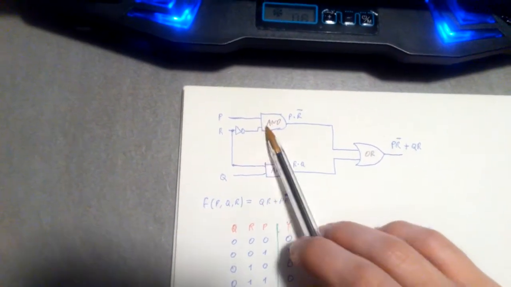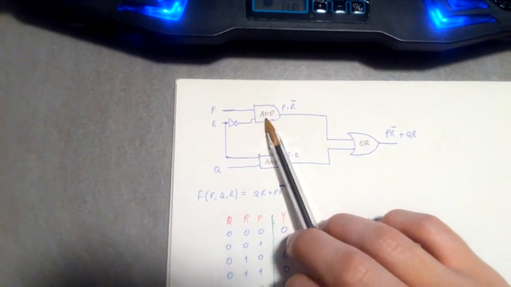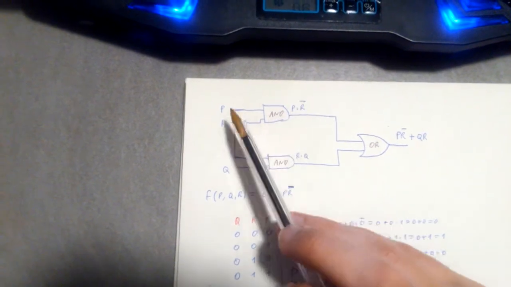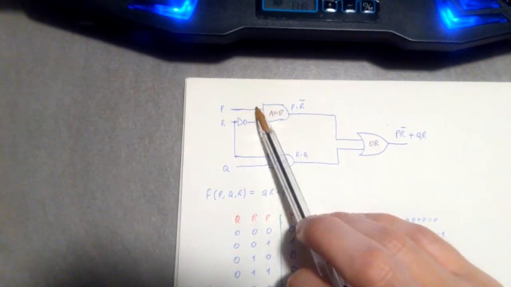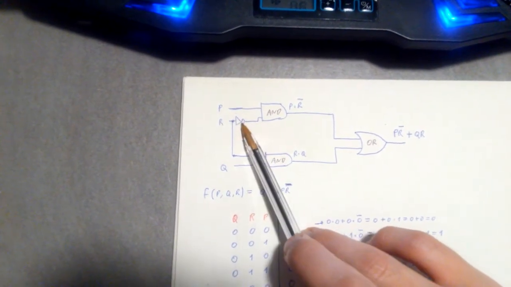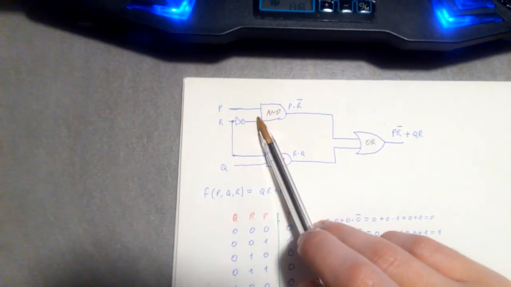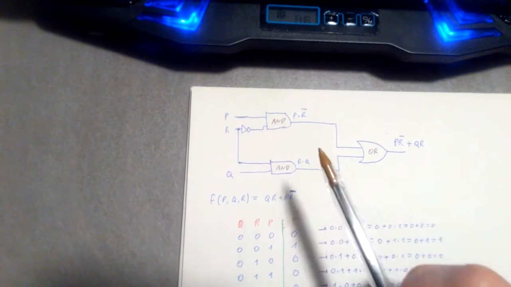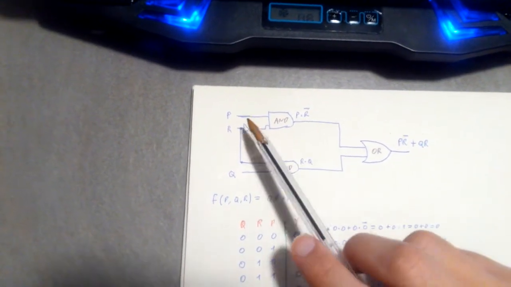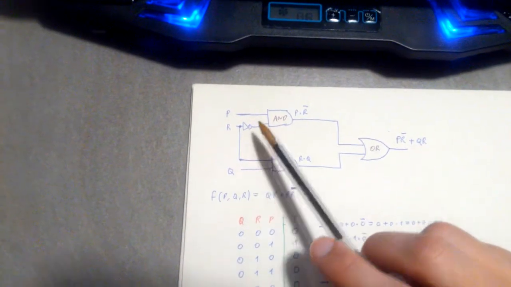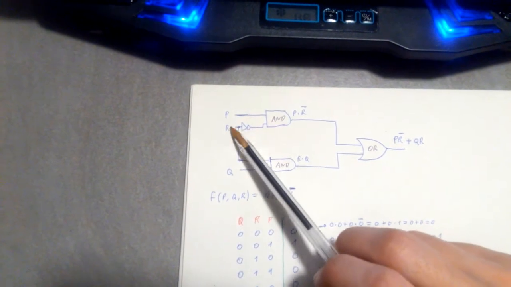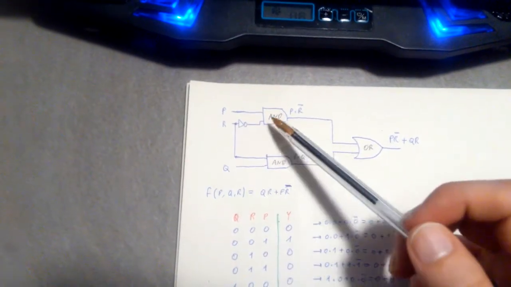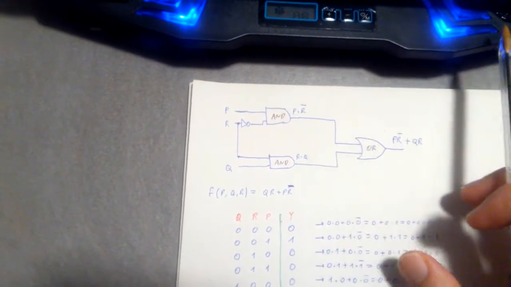But what does this AND gate take? Well, it takes P as an input and R not as an input. This is a problem because you expect it to just take the value of R, invert it, and put it to the AND.